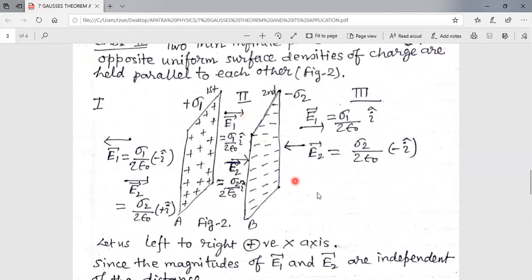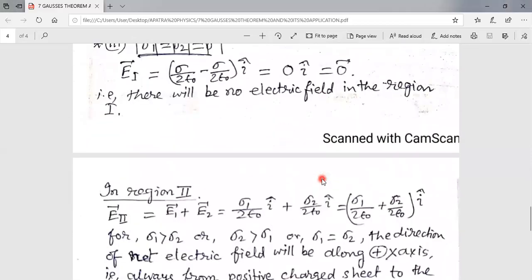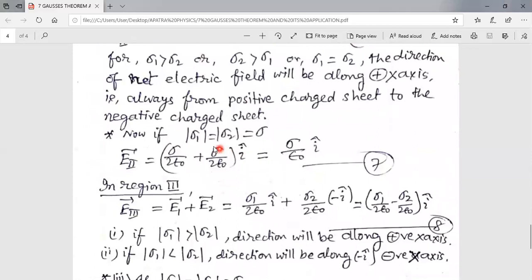Therefore, at region 2 we always get the direction plus to minus, and if sigma 1 and sigma 2 have the same numerical values, we get the value, look here at region 2, these are the same, then sigma divided by epsilon naught into I cap.